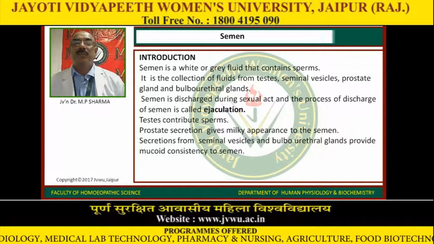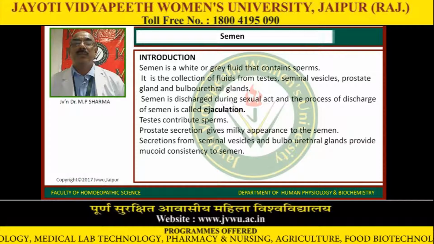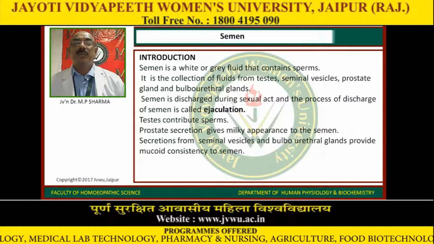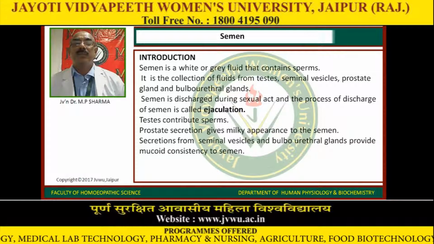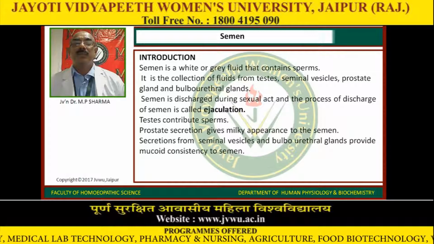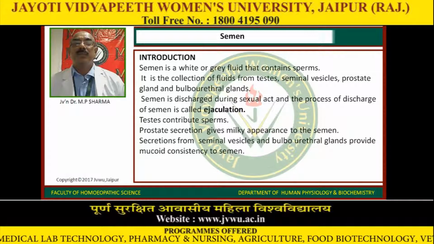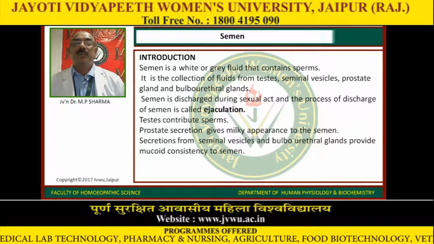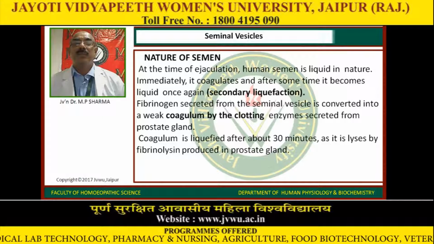Semen is discharged during sexual act, and the process of discharge of semen is called ejaculation. Testes contribute sperms. Prostate secretions give milky appearance to the semen. Secretion from the seminal vesicle and bulbourethral glands provides mucoid consistency to semen.